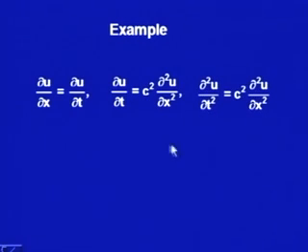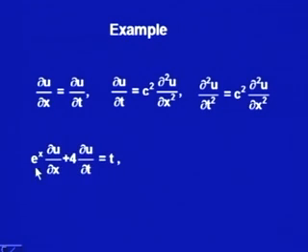Here also del 2u over del t2 is equal to c square del 2u over del x2. The coefficient is c square which is a constant, so they are occurring linearly. In this equation, e to the power x del u over del x plus 4 times del u over del t is equal to t, the coefficient of del u upon del x is e to the power x.